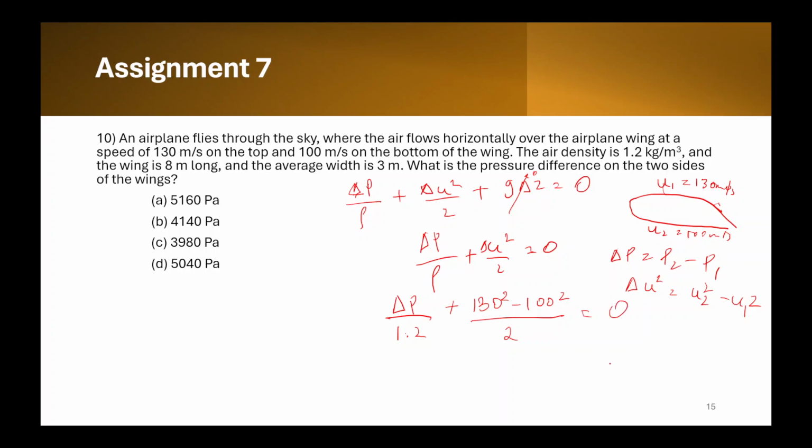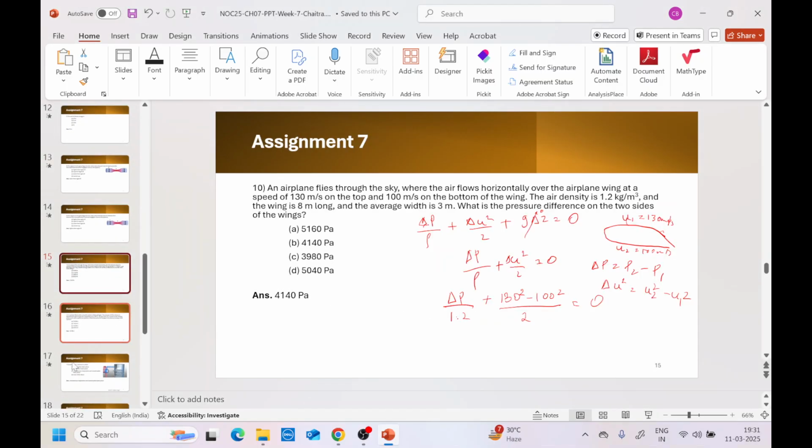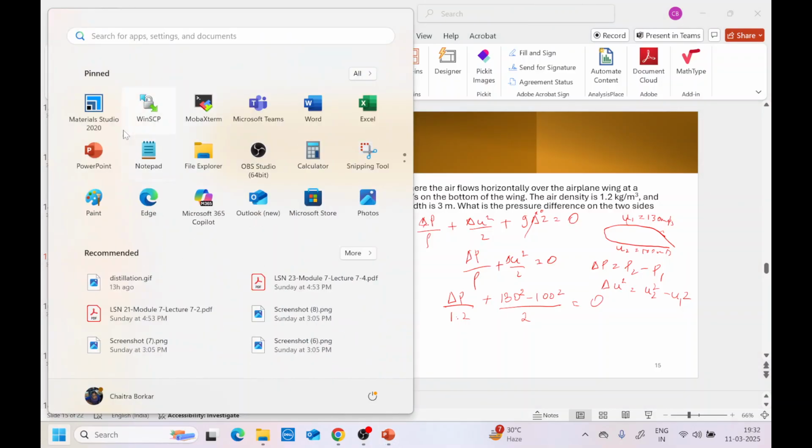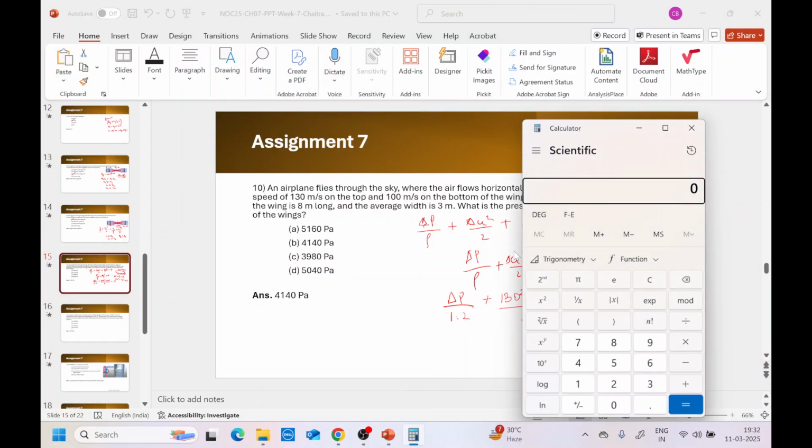is equal to 0. So if you solve this, 130 square minus 100 square is 6900 by 2, and if you multiply by 1.2, this comes out to be 4140.